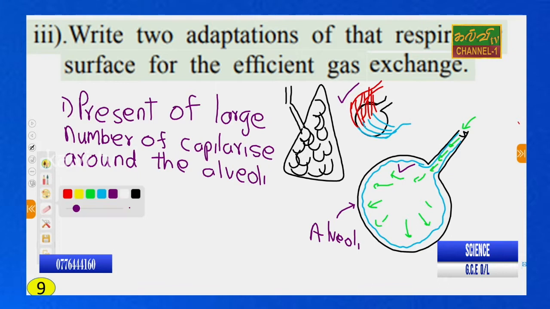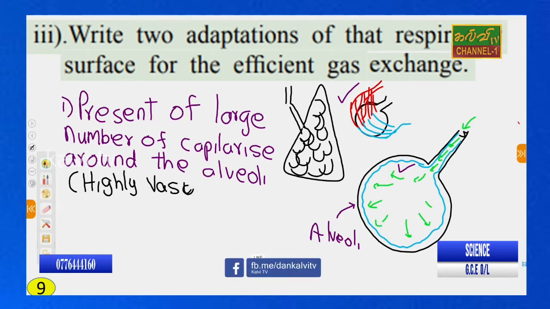Second one, we can write the second answer. They are expecting that. Otherwise, we can write it in brackets: highly vascularized.